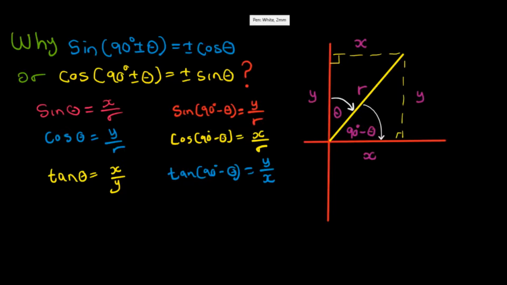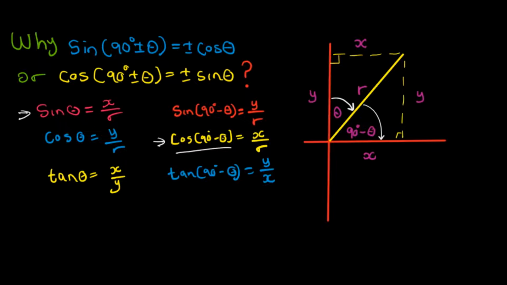I want you to notice something here. We have sine of theta, which is x over r. Looking at this side here, we see that cos of 90 degrees minus theta is also equal to x over r. So when you reduce cos of 90 degrees minus theta, it will give you sine of theta.